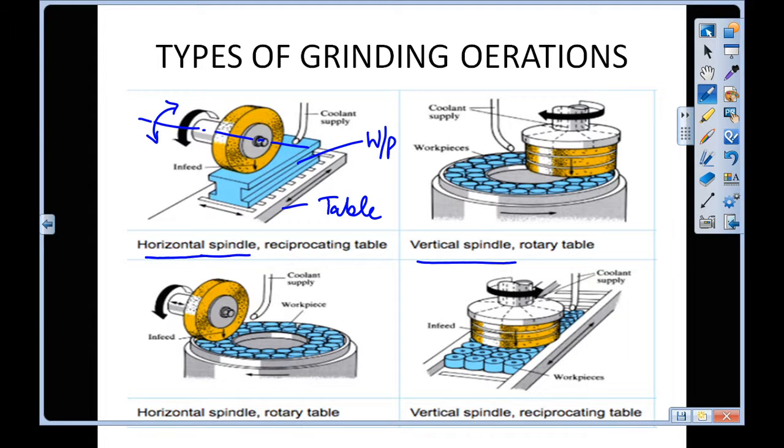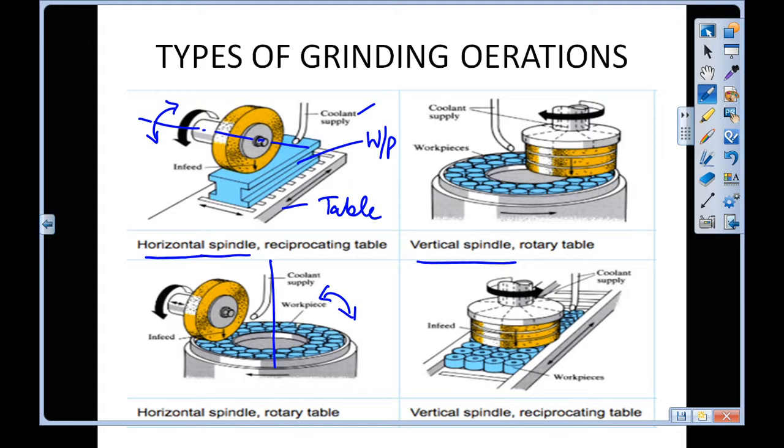In the second case, the table shape is of rotary type. The table movement is like this. And we also use some coolant to take away the heat produced during grinding.